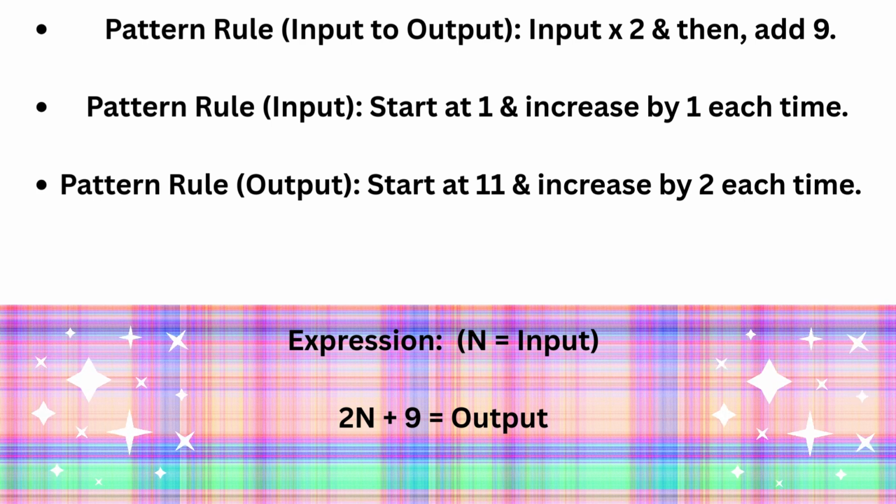In this case, that would be if we multiply the input by 2 and then add 9, we get the output. We can write this relationship as an expression. If we let the letter n represent the input, then our expression could be 2n plus 9 equals our output.